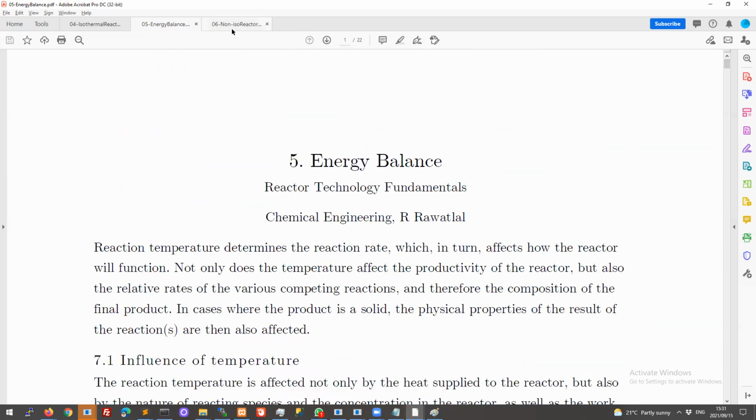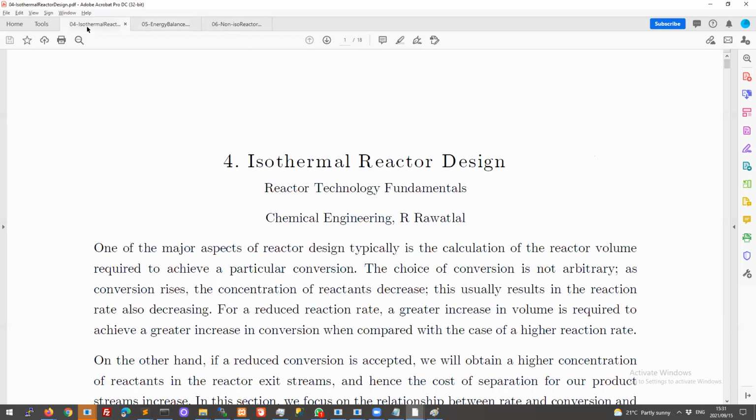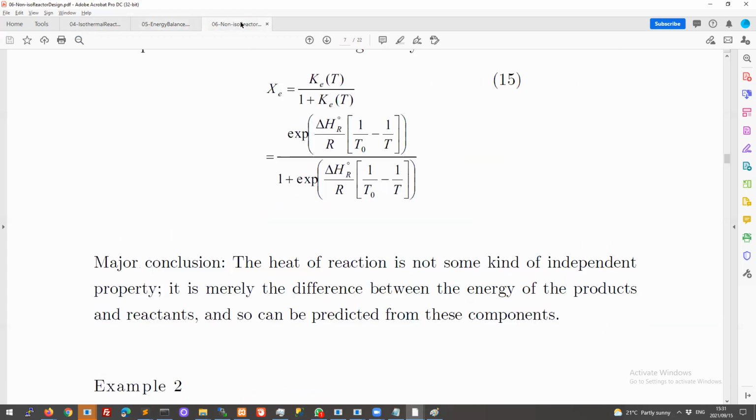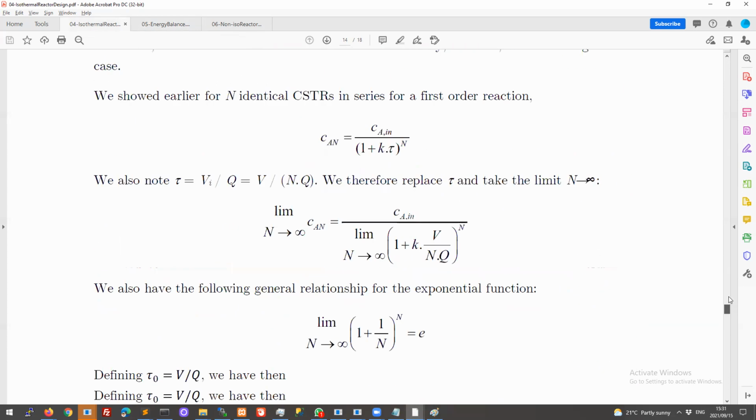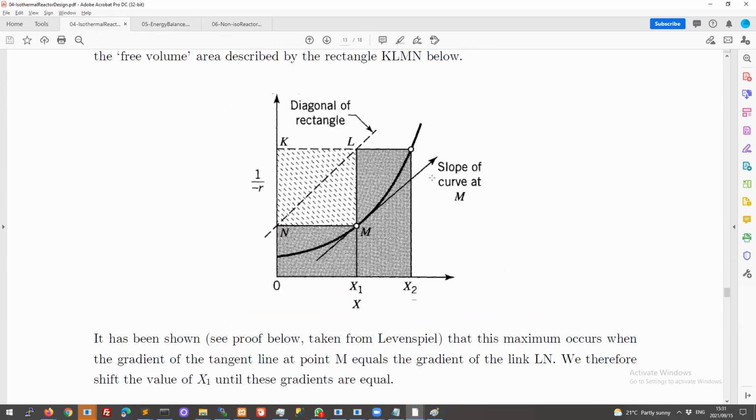And now let's think about something quite interesting, which is our reactor design. In notes 4, we talked about isothermal reactor design, and we had all these interesting graphical ways of figuring out where to optimally choose our CSTR volume and things like that.